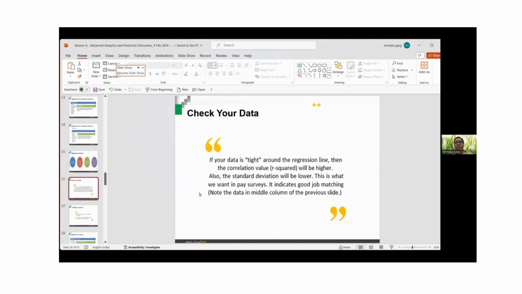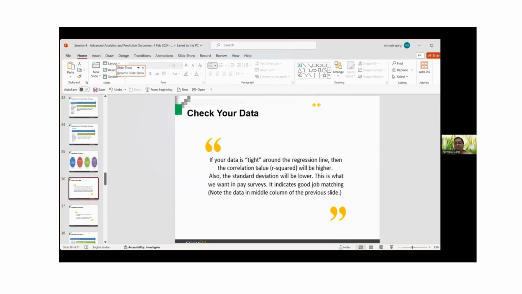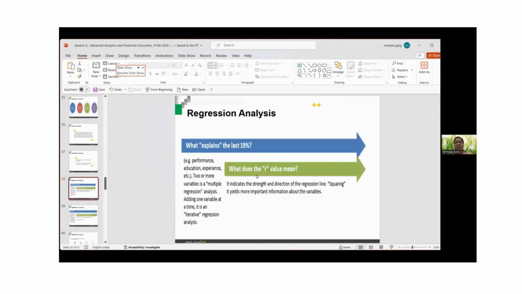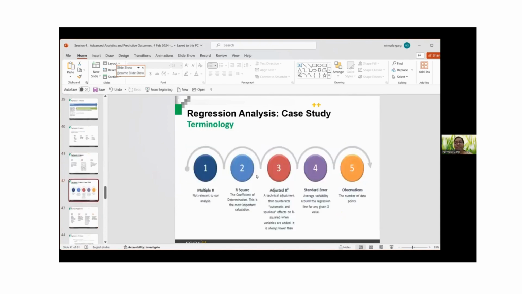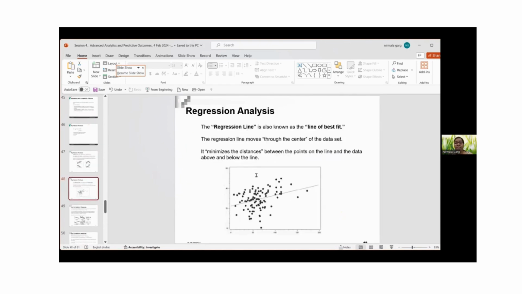When the data is closer to that line, the regression is very, very strong. Let me show you how it looks. If your data is closer to this line of best fit, your regression is really very good. This line is called the line of best fit.